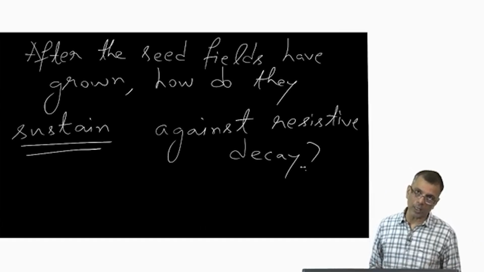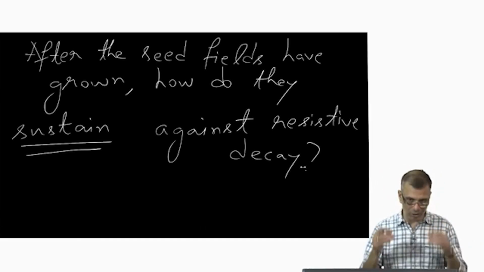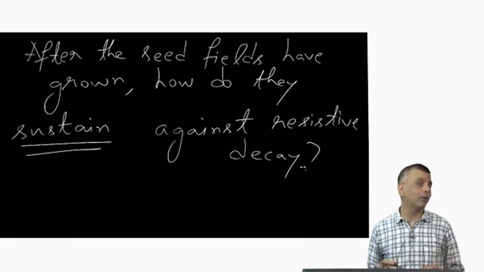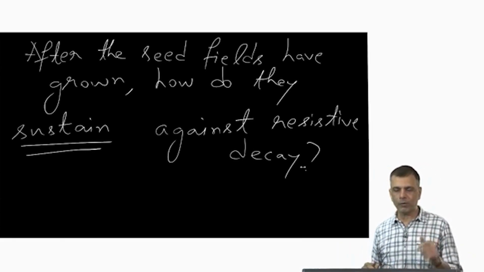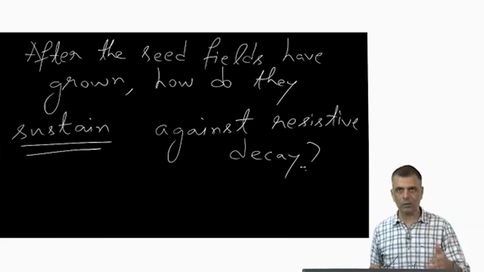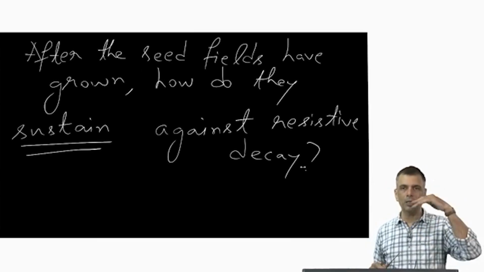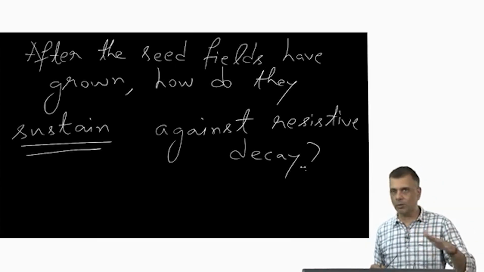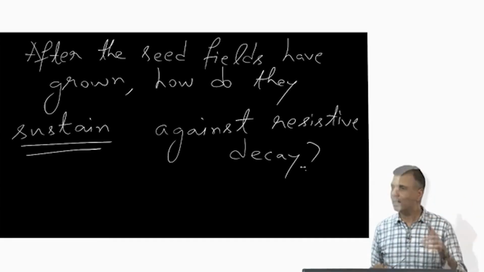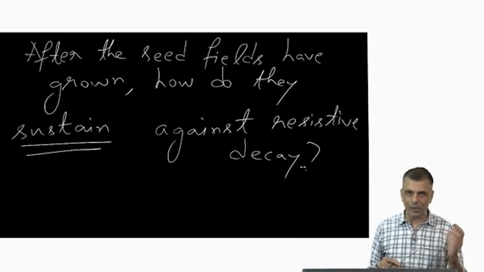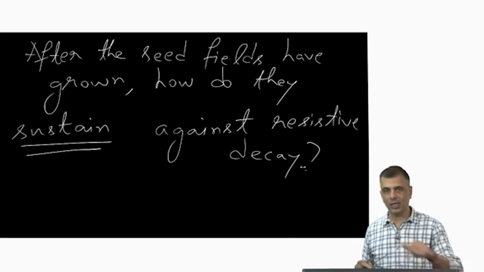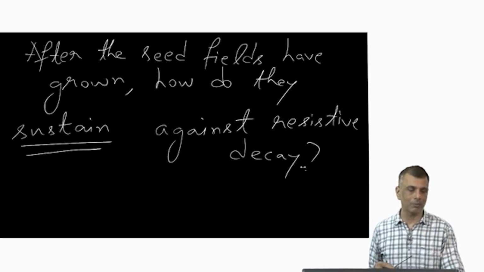And so, if you wait for long enough, and in astrophysical situations one can plug in the numbers and show that we have indeed waited for long enough in many situations. If there was no mechanism for these fields to sustain themselves in some manner, then even though there was an instability which enabled these seed fields to grow, these grown fields would die due to resistive decay unless there is a mechanism to sustain them.